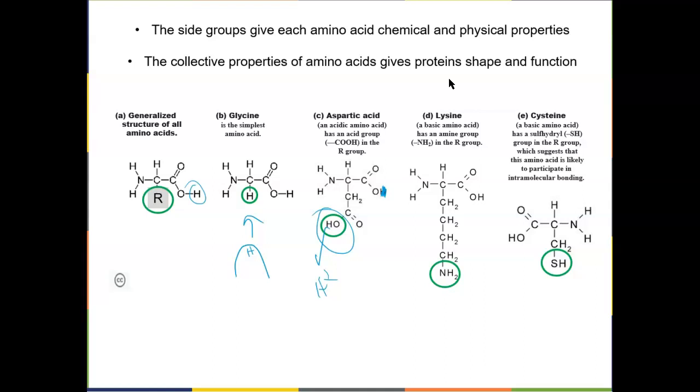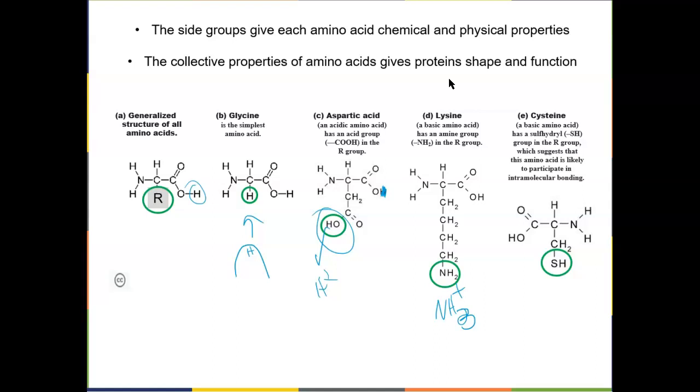Some amino acid side groups have an amine group, this NH2. It can become, as we've seen before, NH3, and pick up a hydrogen ion. So it can function as a base by decreasing the number of hydrogen ions in the solution, thereby increasing the pH.